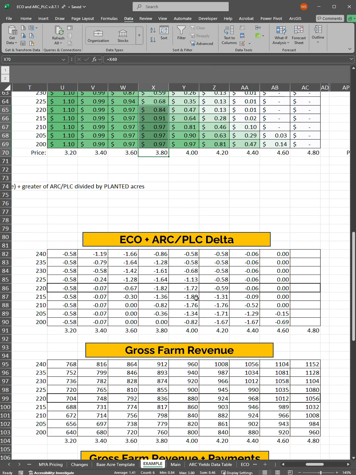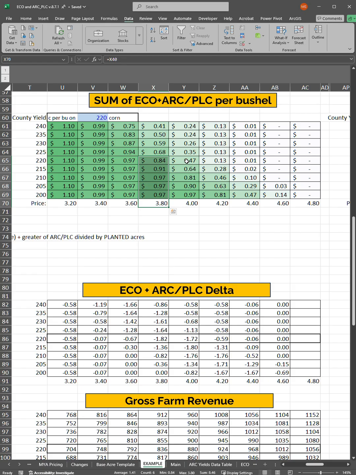Delta measures how much your outcome changes relative to how much the price moves. So you can see up in this chart, at $4, we're getting 47 cents. 20 cents lower at 380, we're getting 84 cents. What's the math on that? That's 37 cents of difference in payments just for a 20-cent move in the board.